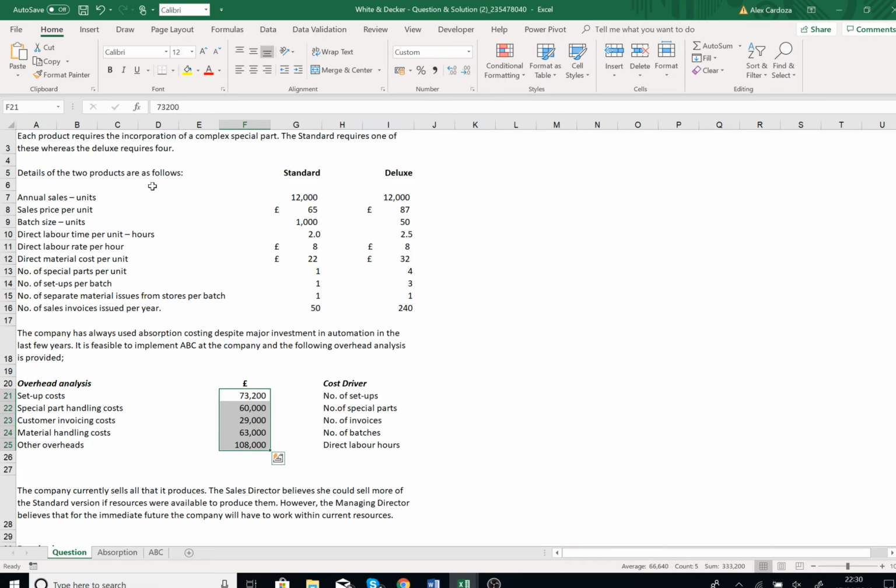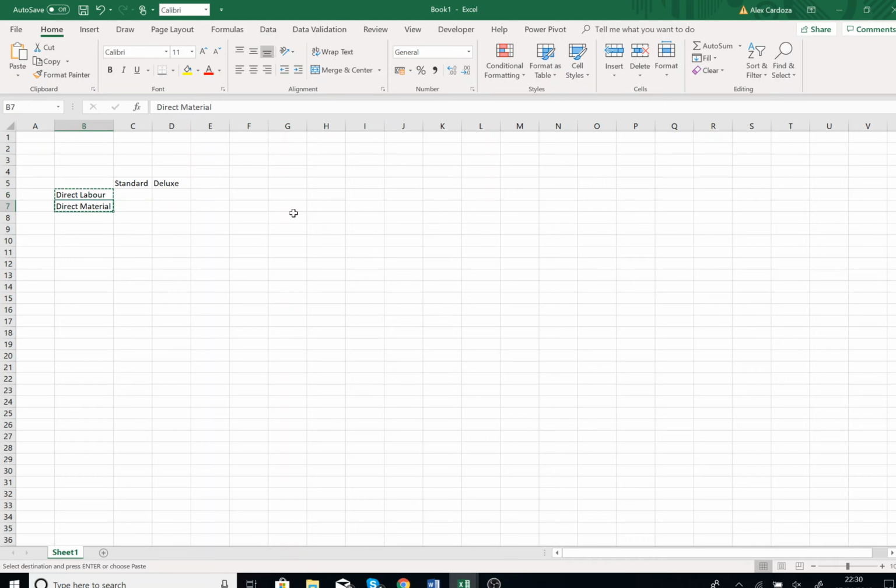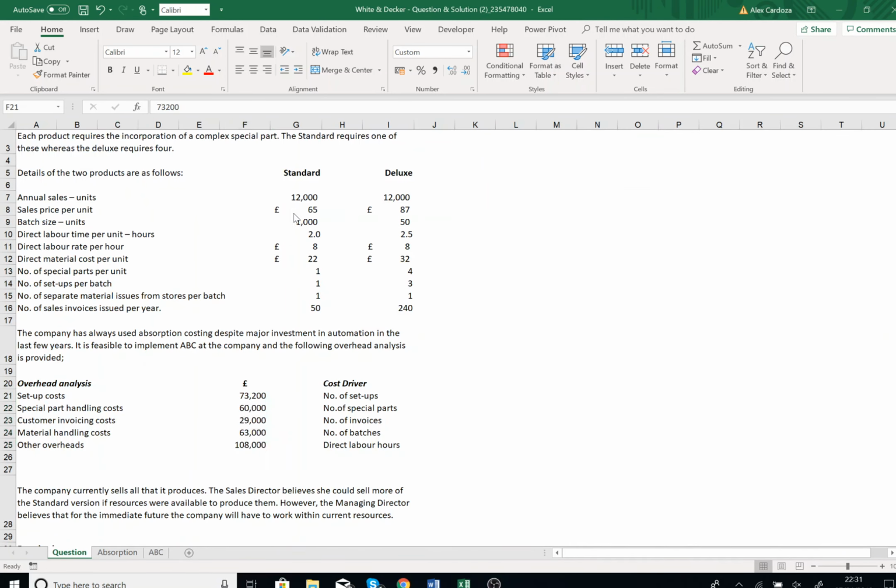Okay, so actually let's just put selling price on here, up here at the top first. So selling price, which is 65, and then 87. Direct labor per hour is £8.